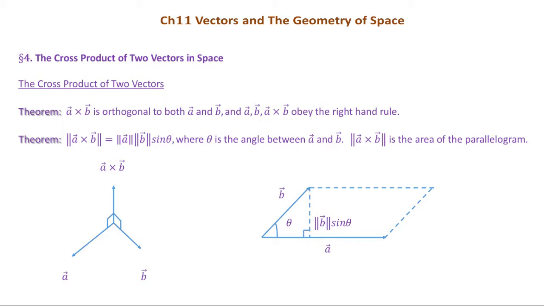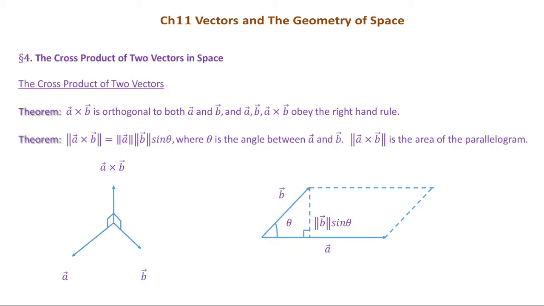The difference between the cross product and the dot product: one of the differences is that we get a vector from the cross product. So this time we need to find out the direction and the magnitude of the cross product because it is a vector, right? So the theorem says, there are two theorems here.